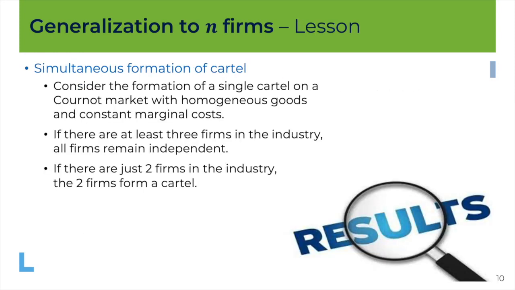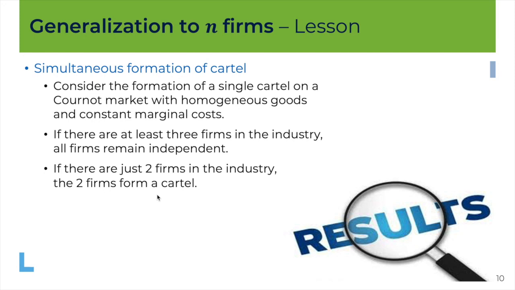Okay, we summarize this in this result. Under simultaneous formation of a cartel, so formation of a single cartel on a Cournot market with homogeneous goods and constant marginal cost, if there are at least 3 firms in the industry, all firms remain independent, no cartel of any size forms. But if there are just 2 firms in the industry, then the 2 firms form a cartel.